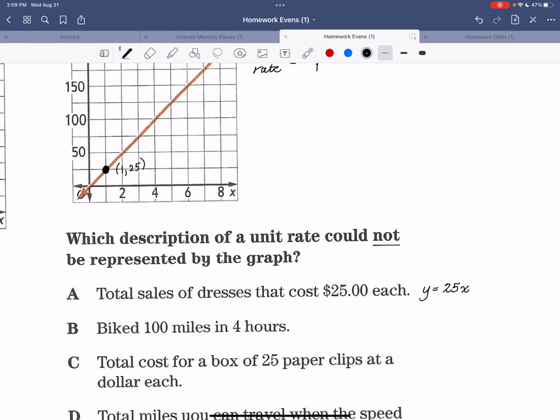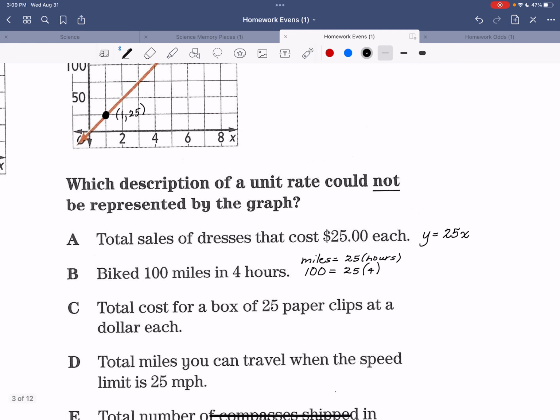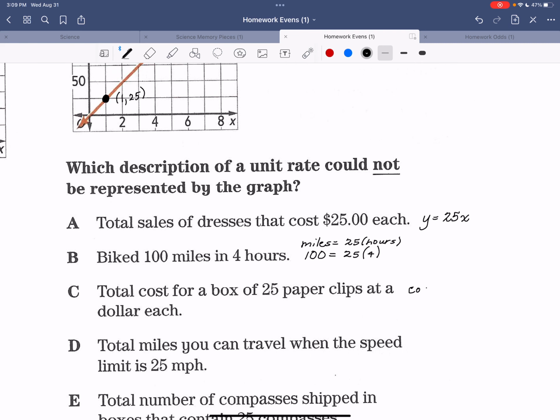I biked 100 miles in 4 hours. So the total distance biked would be 25 times 4. That's true. So let me set it up this way. Miles equals 25 times hours. So that would fit. The total cost for a box of 25 paper clips at $1 each.